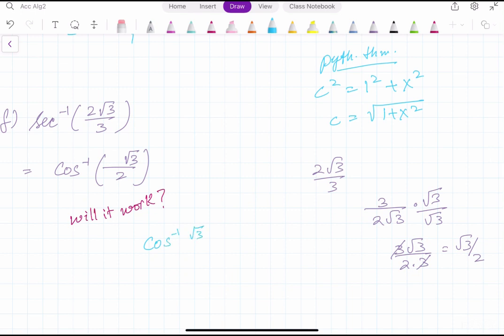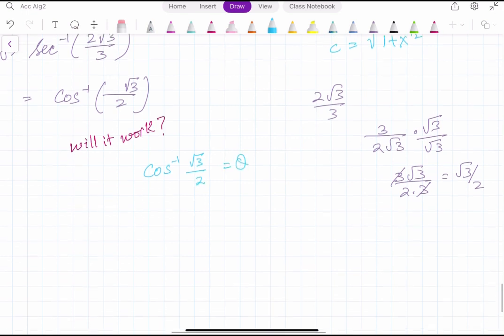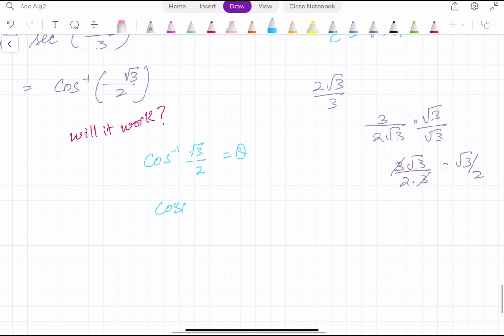So remember, cos inverse radical 3 over 2 will be theta. Cos theta, at what angle will cos theta be radical 3 over 2? Think about the unit circle.